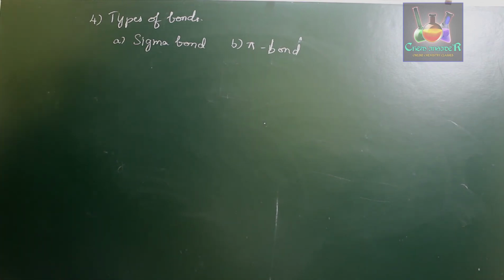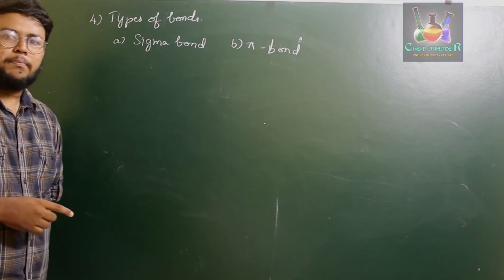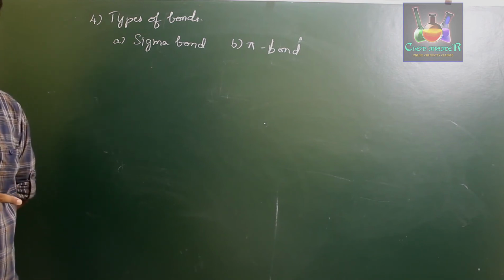So, the sigma bond. For atomic orbitals to form a sigma bond, the necessary condition is that both of them should be parallel to one another, and further they have to be parallel to the axial axis.